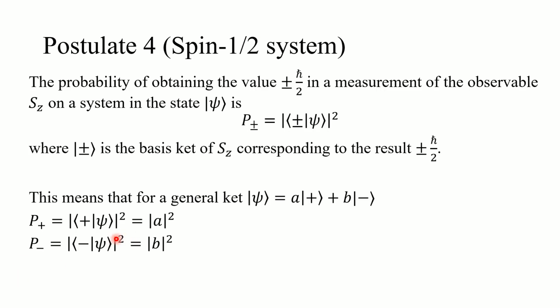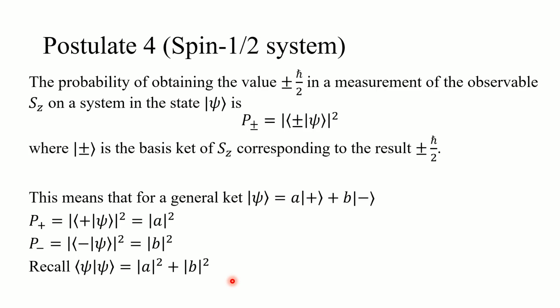You do the same thing if you want to know the probability of the spin down measurement being the result, and you just change the basis ket you're looking at. Again, very similarly, we end up with B squared instead of A squared. But that tells you right away, if you recall, that the inner product of our generalized vector with itself ended up being A squared plus B squared. This has to equal 1, right?